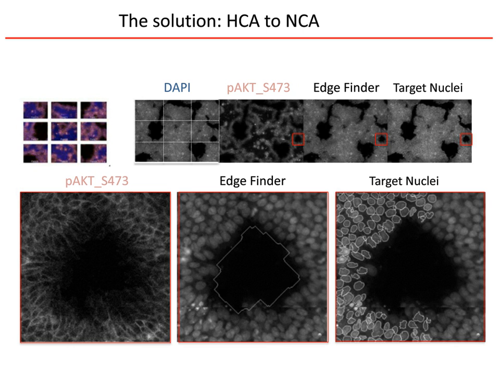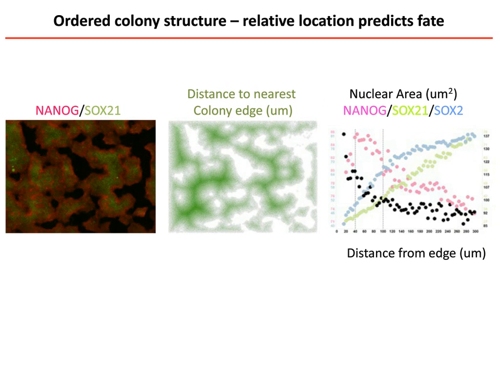So with this analysis, what we're able to do is to look at association between position in a colony and developmental state or signaling response. So on the left is an original immunocytochemical stain. The green image in the middle is a representation of nuclei in this image on the left using just three columns of data.